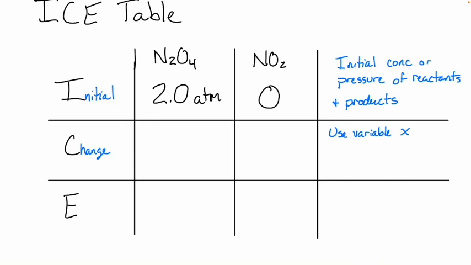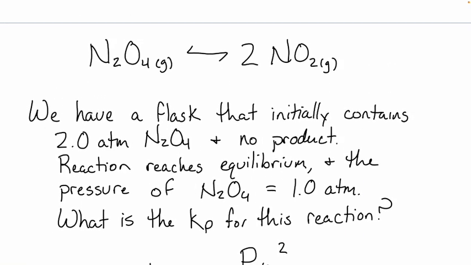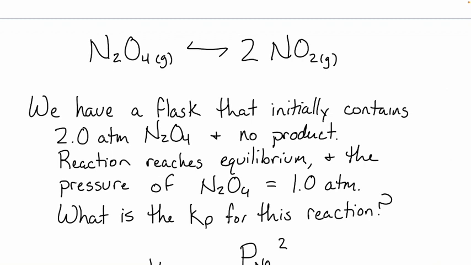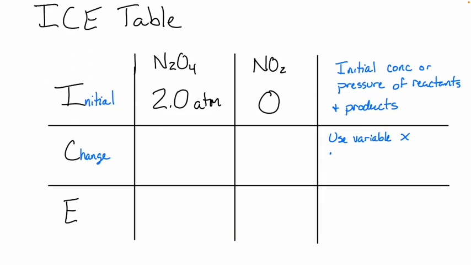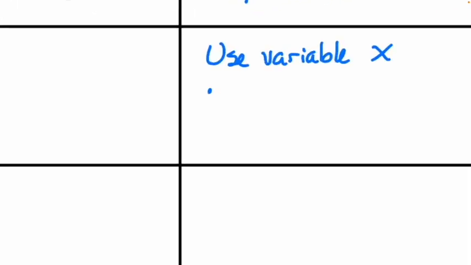The other thing that we have to remember is what happens to the concentration of my reactant? Does it go up or down? If this reaction's going on, is my pressure of my reactant going to increase or decrease as this reaction occurs? Reactants get consumed, right? So my reactant concentration or pressure is going to go down.